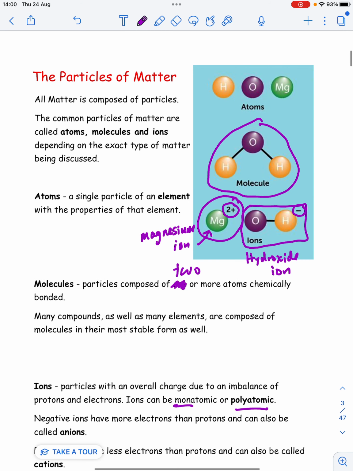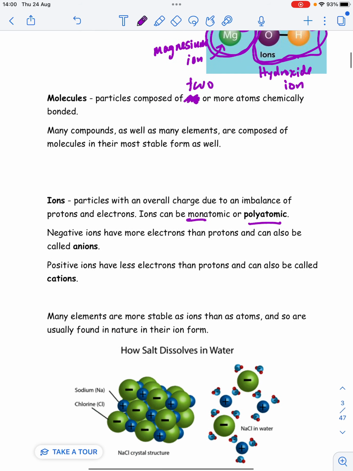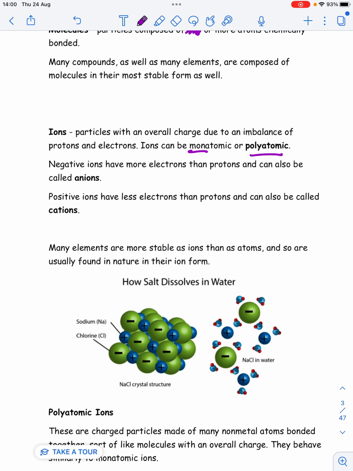So this is a hydroxide ion. So we've got single atoms, and we've got single ions, and then we've got molecules, which are atoms bonded together, and then we've got polyatomic ions, which are atoms bonded together, but there's an overall charge. We have fun words for positive and negative ions. Cations are another word for positive ions that you'll hear me using.